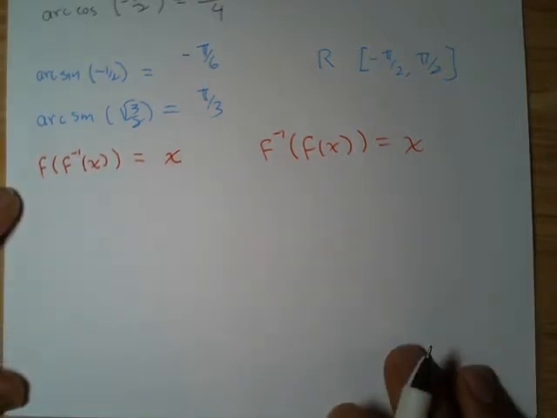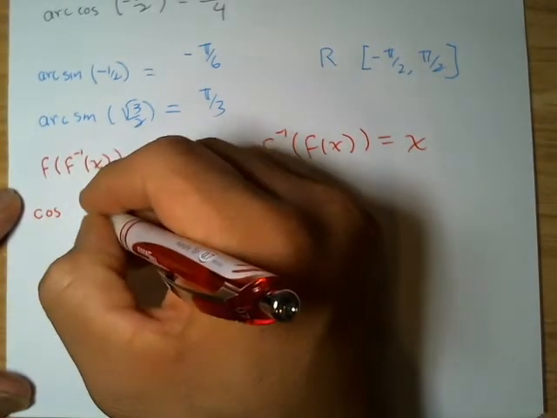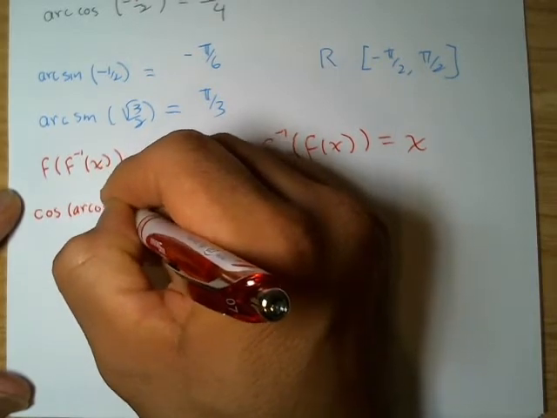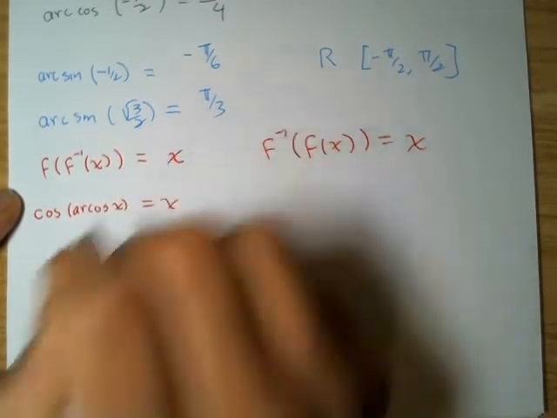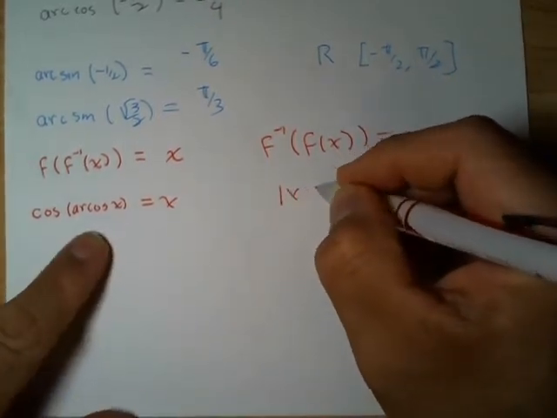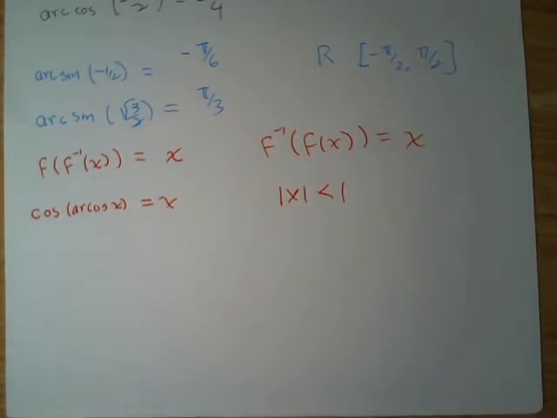restrict the domain in order for an inverse to exist. What I mean by that is that we could make the statement that the cosine of arc cosine of x is equal to x, as long as the absolute value of x is less than 1. That's just in general, since the value of the cosine can't be bigger than 1.